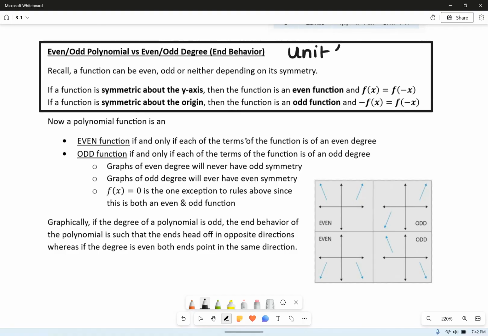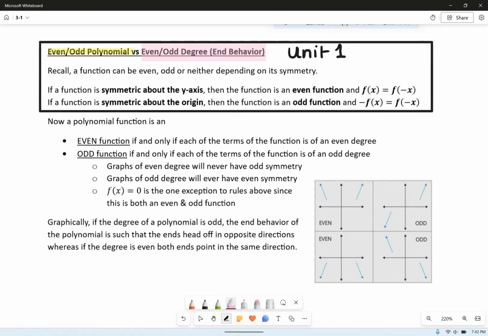I forget which section in Unit 1, but we talked about even and odd polynomials already briefly, and I need you to know the difference between even odd polynomial versus even odd degree. They're two different things.